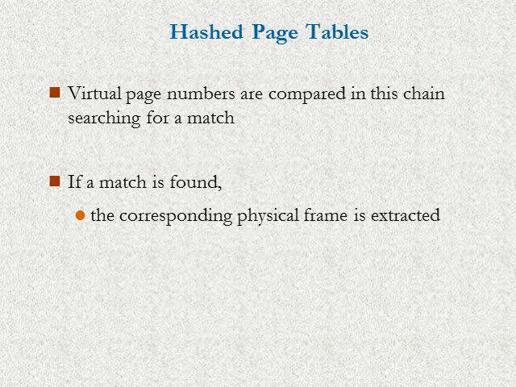Now comparisons are done in this page table having virtual values, and once we find our desired virtual page number, we get to its chain and find the actual entry where we have the translated frame number, and we take the corresponding frame number and go to the physical memory to extract the instruction stored there.